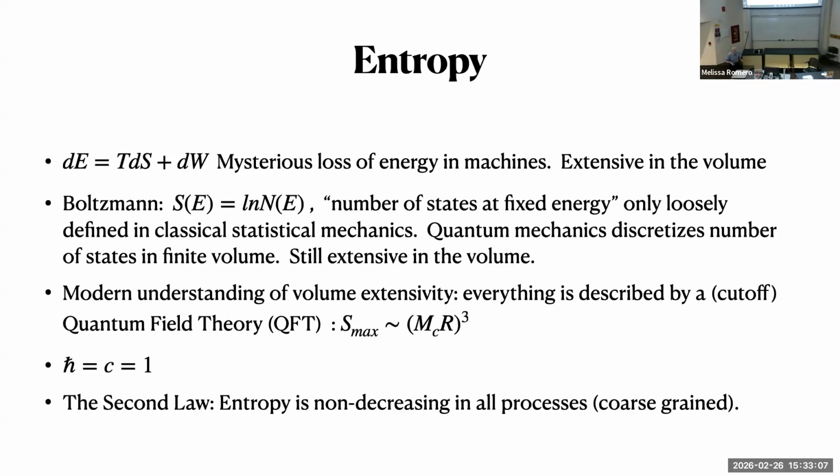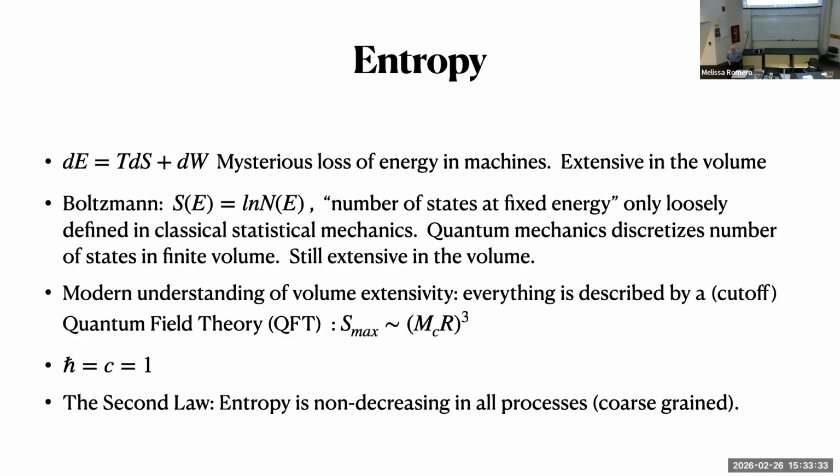The real fundamental breakthrough in entropy came with the work of Ludwig Boltzmann, who made this crazy hypothesis that matter was made up of tiny little things called molecules, and that entropy had something to do with the number of states, more precisely the logarithm of the number of states of those molecules.